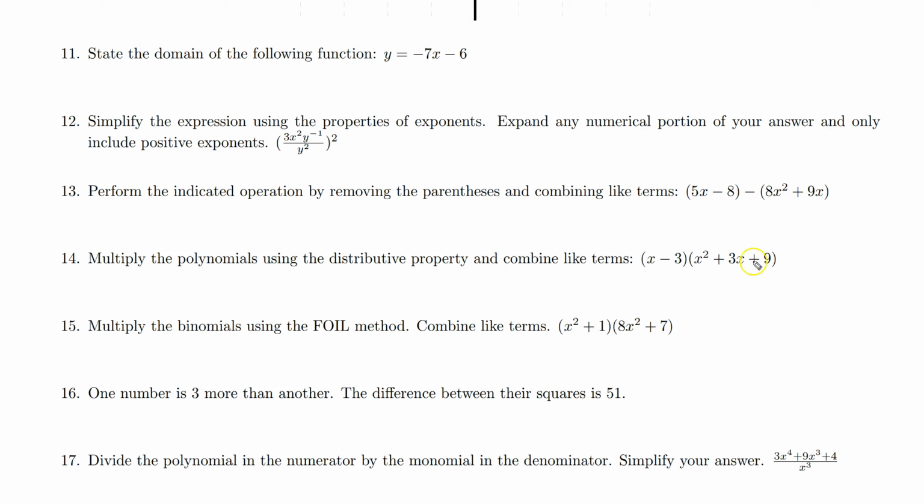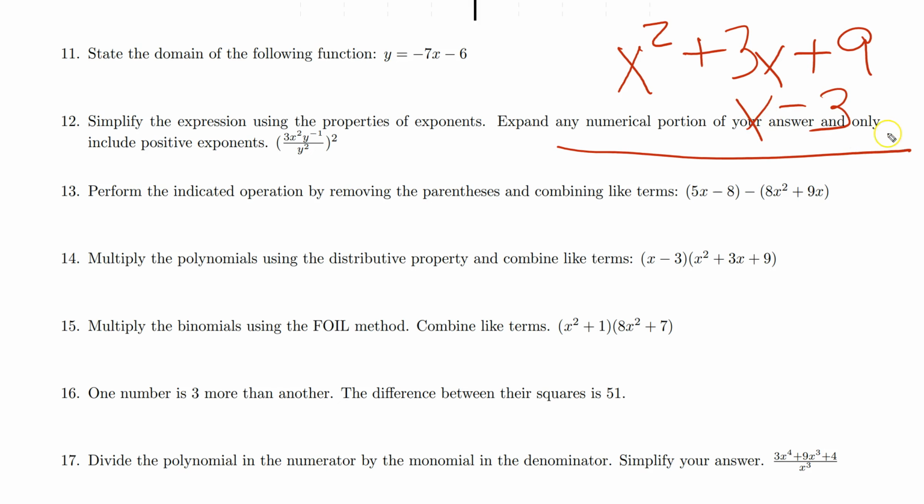Now, here we want to multiply. So this will be x squared plus 3x plus 9. And then we're going to multiply it by x minus 3. So again, you could do it horizontally, taking the x and multiplying it by this, taking the negative 3 and multiplying it by this, and then grouping your like terms.